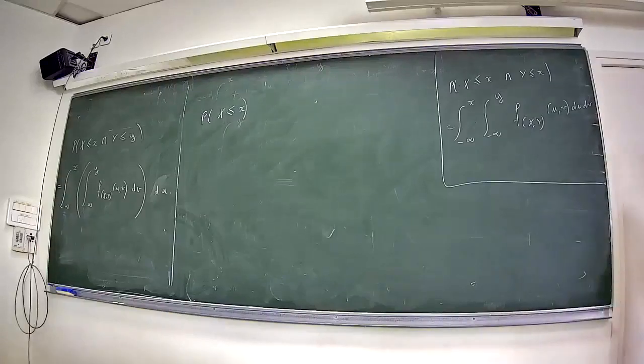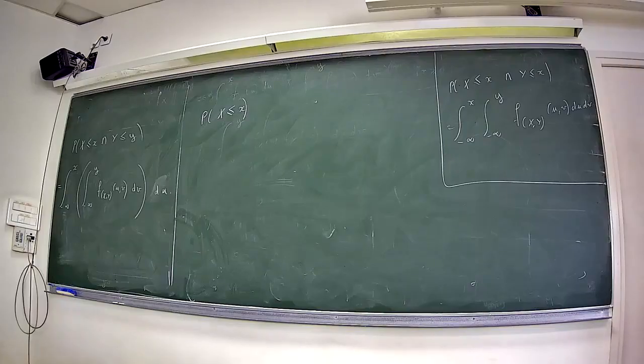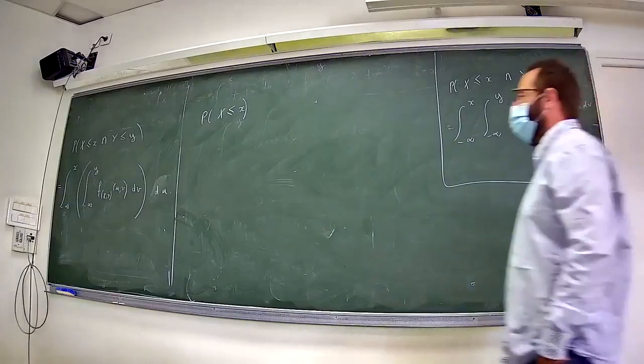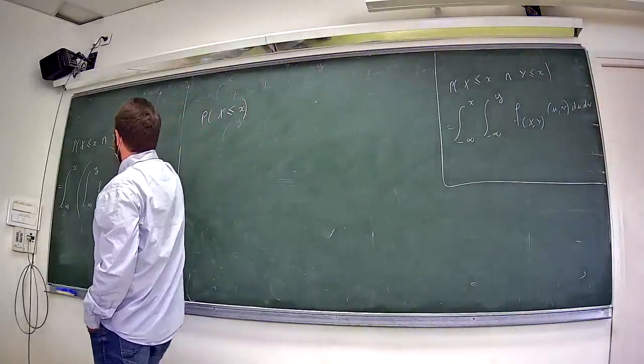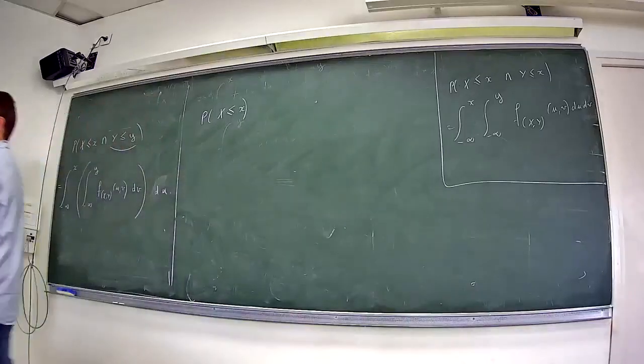If you want a little bit more details, go to the list of proofs. So how to make the event capital Y less than small y disappear, intuitively? Y is a random variable taking real values, and I want to make this event disappear. Do you have an idea?